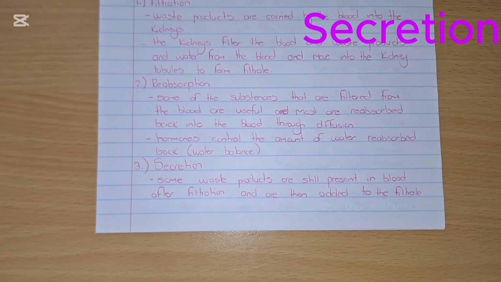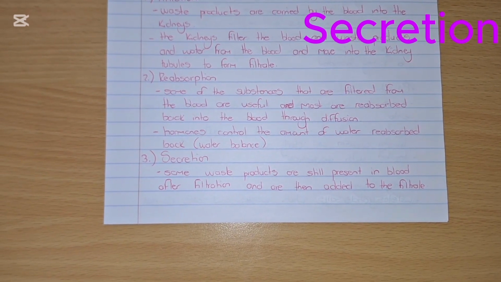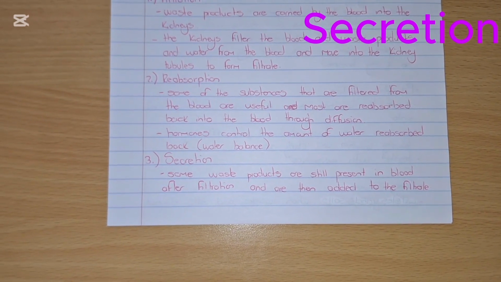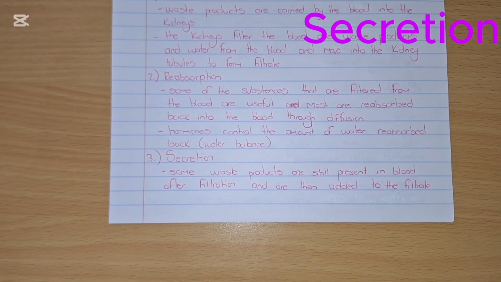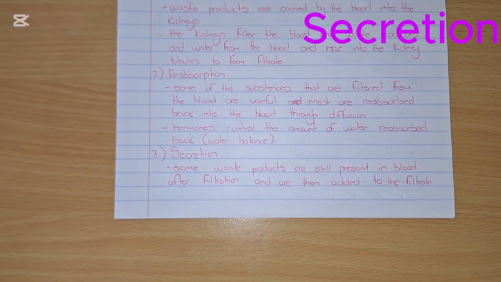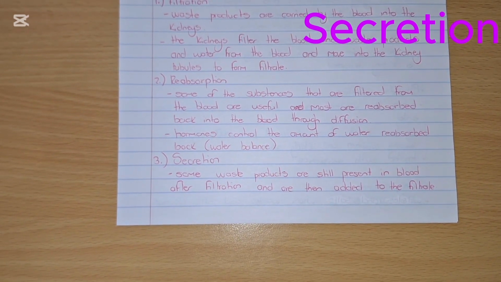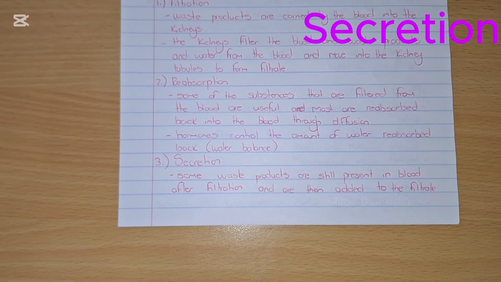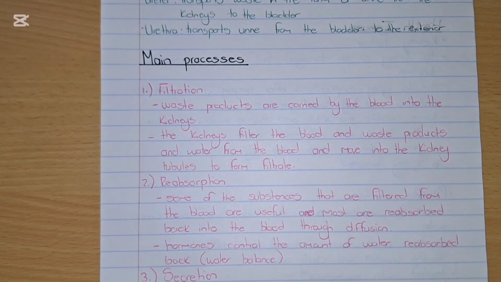Then number 3, we have secretion, where some waste products are still present in the blood after filtration. Like for example, if you're filtering water, it is drinkable, but you have to remember that it still contains some toxins in it. So the same thing happens here, where some waste products are still present in the blood after filtration, and then they are added to that filtrate, which happens where? During filtration.